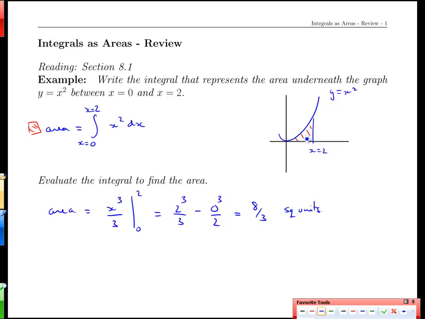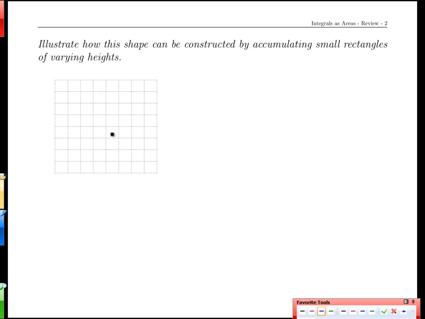Perfect. So that area there is given by 8/3 square units. Now that's not the only way we can find the area. Let's go back to the first principles where we developed this integral and see how that plays out and how we might be able to modify it.